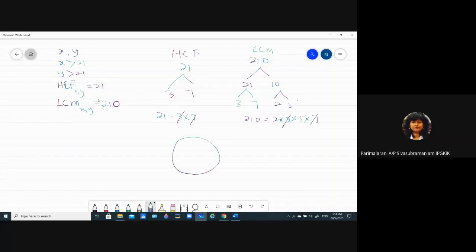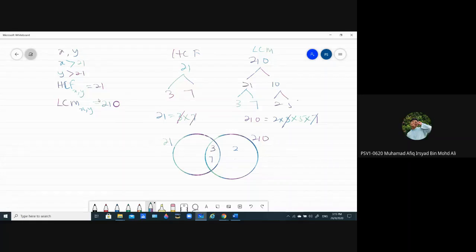So now we draw the Venn diagram, okay? So this is for 21 and this is for 210. So 3 and 7 common factors. So we put in the center here 3 and 7. So 21 no more factors. This one we have 2 and we have, am I right? Yes.